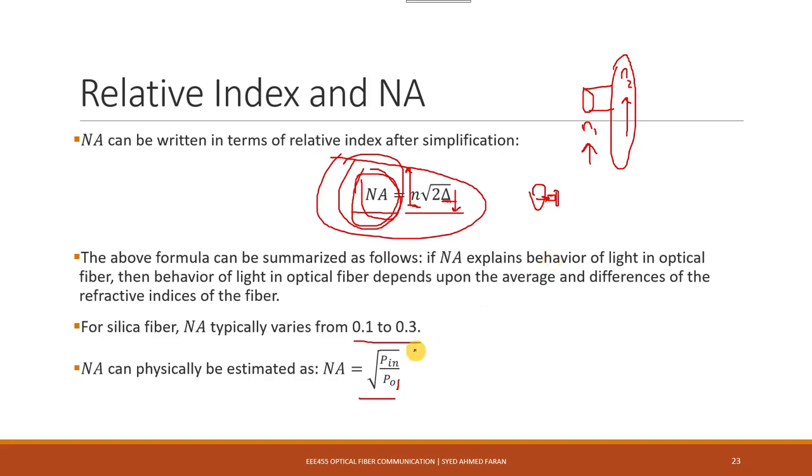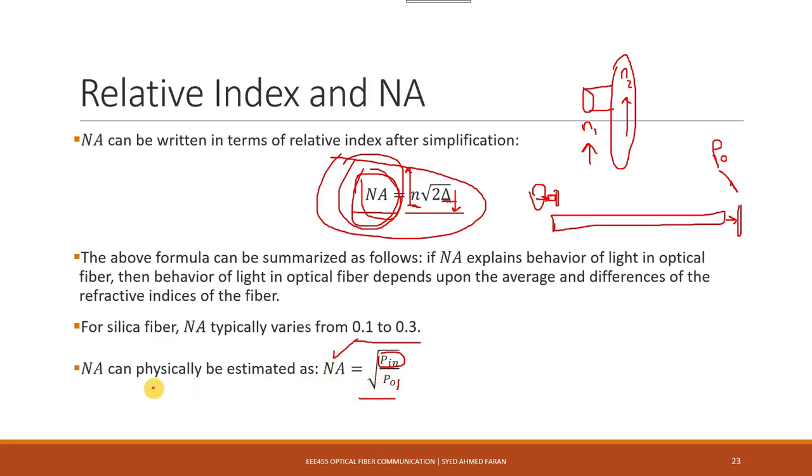So this power will be called the power inside the cable. And then we place a practical cable, a cable of considerable length, and we observe the optical power outside this cable, and this power is known as power at the output of the cable, P0. So if I take this difference, this value also gives us the numerical aperture.